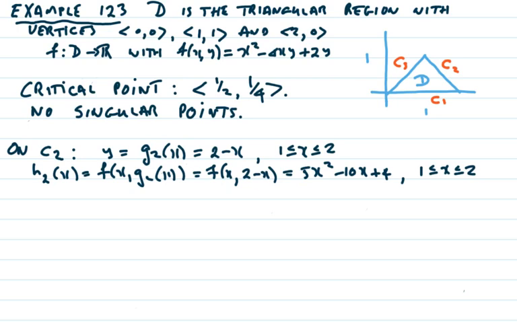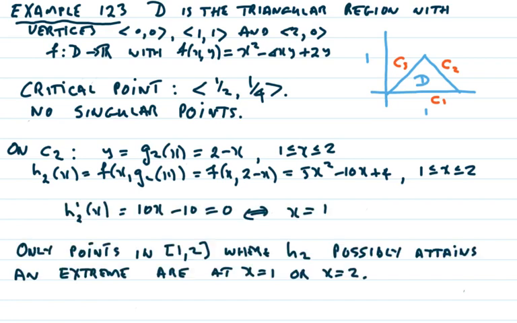Now let's see what happens on C2. On C2, we have y equals 2 − x, with x between 1 and 2. Therefore, the function h2 in the context of Theorem 122 ends up being equal to 5x² − 10x + 4, with x between 1 and 2. To find the points where h2 possibly attains an extreme value, we need to find the critical points, and we need to consider the two endpoints of the interval.